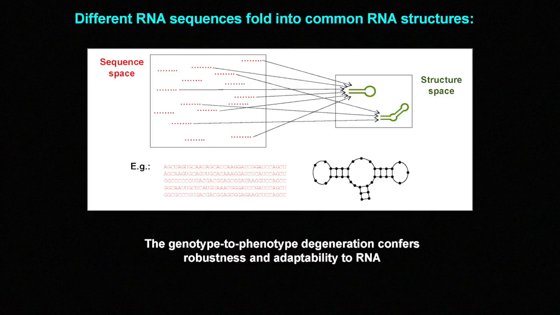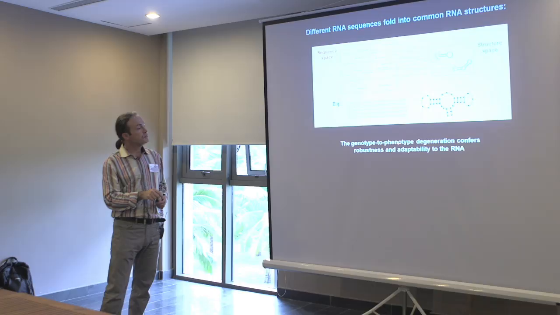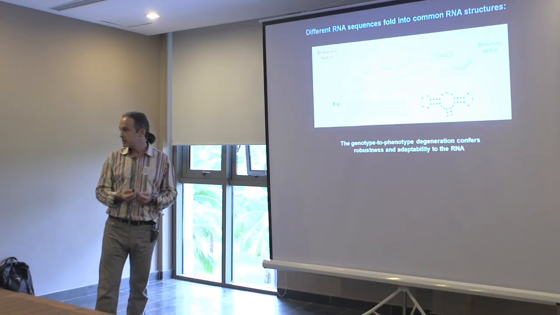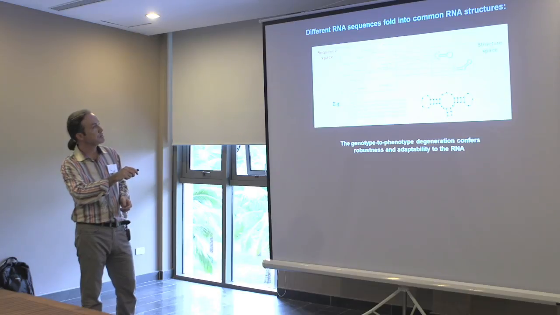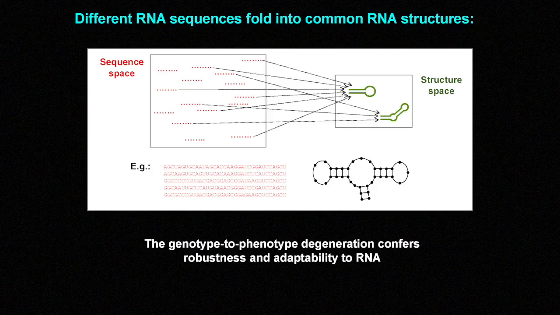And this is important because this genotype to phenotype degeneracy, which is the technical word we use to describe this difference between the sequence space and the structure space, confers robustness and adaptability to RNA. It can allow the presence of different mutations in the sequence because at the end the secondary structure will be the same, so the biochemical function will be the same. So this can be very interesting in the origin of life.